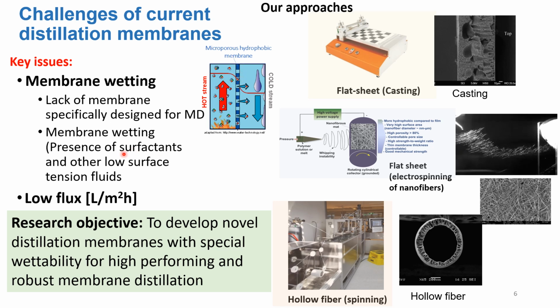For example, if there are surfactants or low surface tension fluids or even organics and other foulants, they could change the properties of the membrane, thereby allowing the liquid water to pass through the membrane and intrude through the pores towards the permeate side, and thus contaminating the resulting fresh water. So if the liquid penetrates the membrane, which is the wetting, it will lead to a process failure.